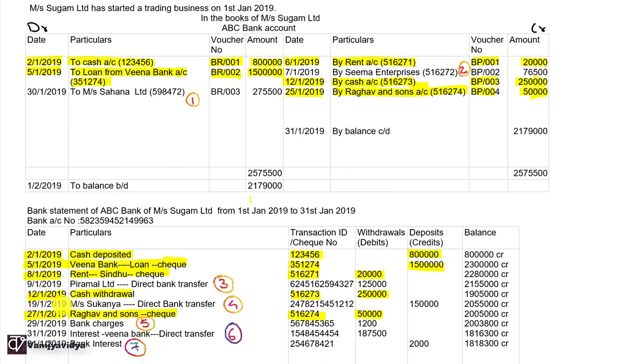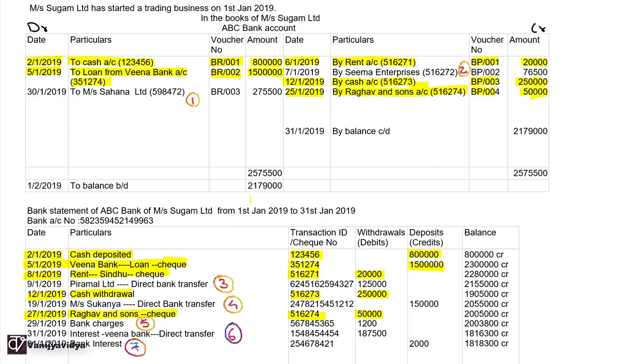4. 19 Jan 2019 Messrs Sukanya direct bank transfer. We have transaction ID and 1,50,000 on the credit side. So Messrs Sukanya has deposited 1,50,000 directly in our bank account. Now this has been recorded in our bank statement, but it is not recorded in the bank account as per books.